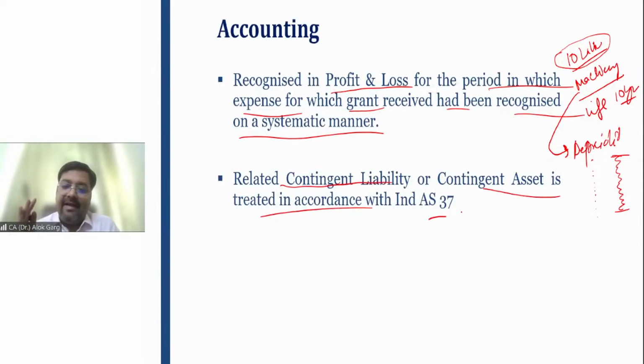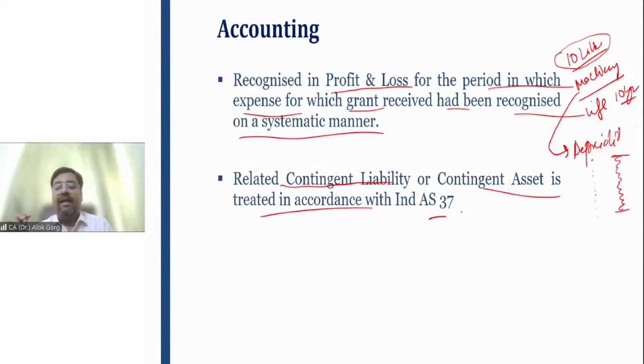So at the end of the 2 years, when the entity has recognized the government grant of rupees 1 crore in the books of accounts, the entity has to show the contingent liability also till the time period has elapsed, right? So it will be a contingent liability.